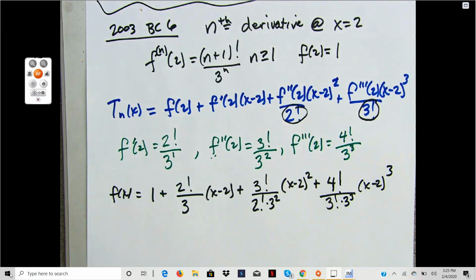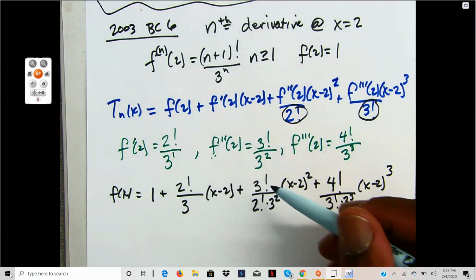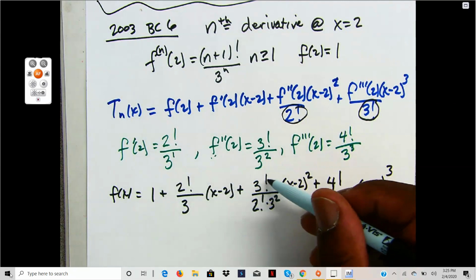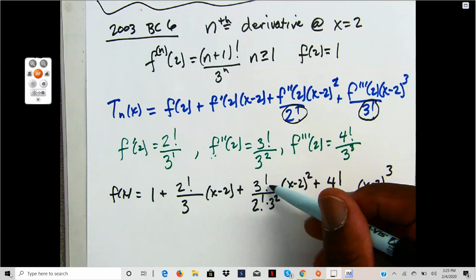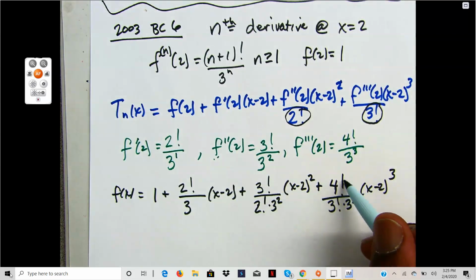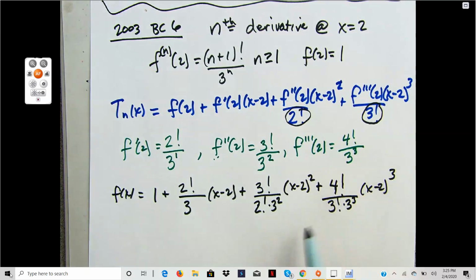Now, what I notice here is that this 3 factorial over 2 factorial is 3 times 2 factorial. 4 factorial over 3 factorial is 4 times 3 factorial over 3 factorial. So it looks like the factorials in the denominator are all going to cancel out.